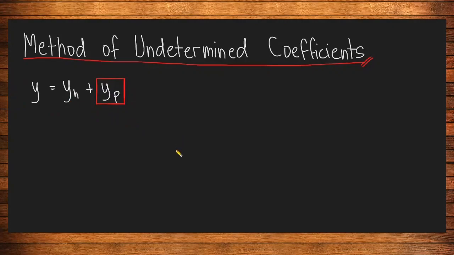More precisely, this method is suitable for linear ordinary differential equations with constant coefficients a and b. So that will be equations of this form, y double prime plus ay prime plus by equal to r of x. Again, a and b here are constants, pero yung r of x natin is not equal to 0.